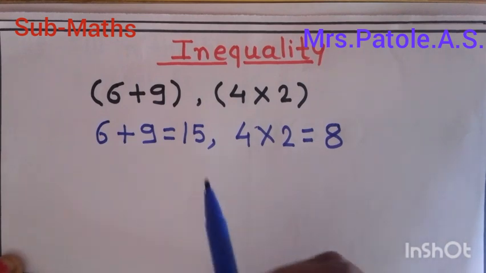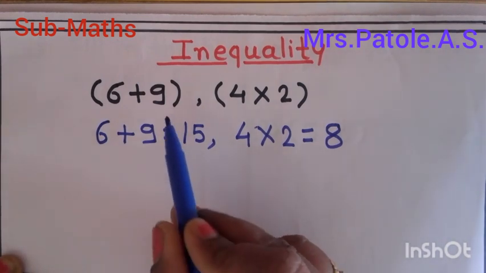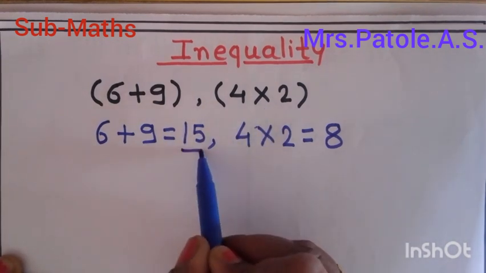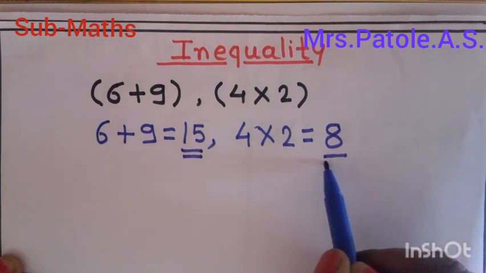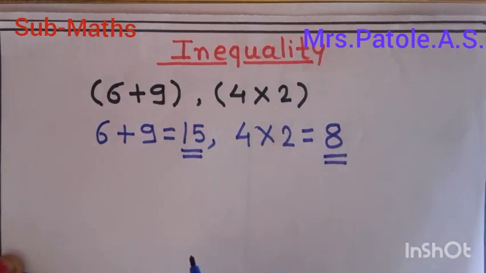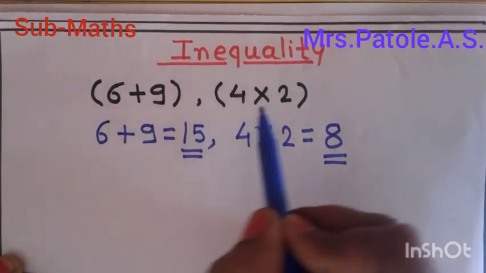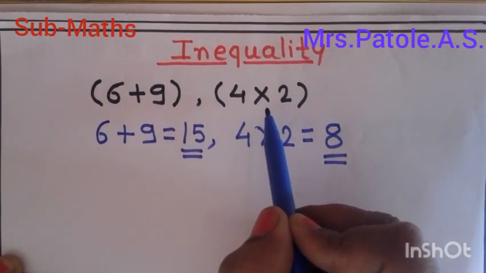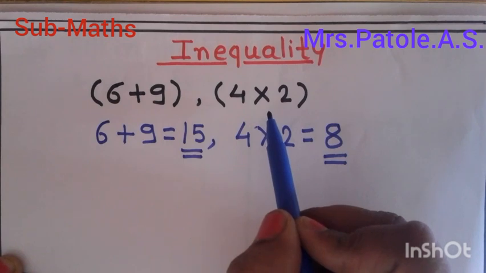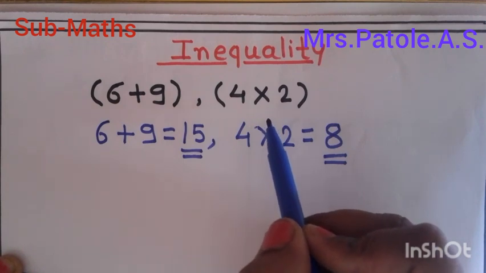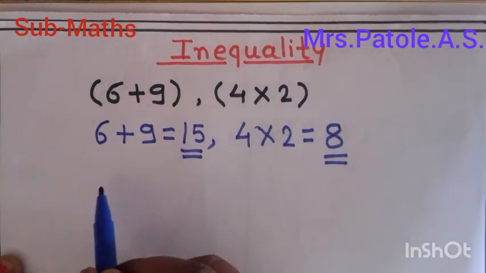Here we see that the values of the given two expressions are not equal. That means these two expressions are also not equal. We can show this by using a symbol.